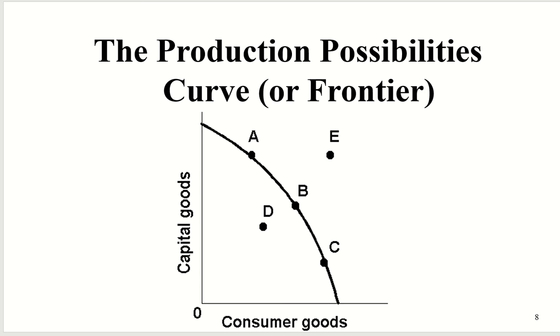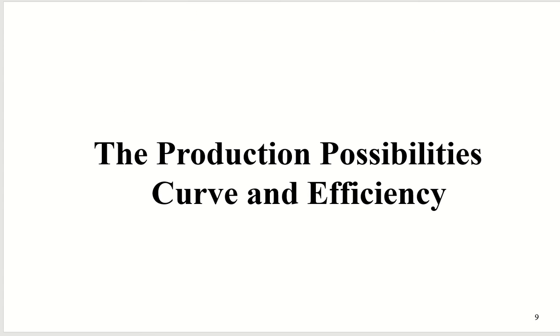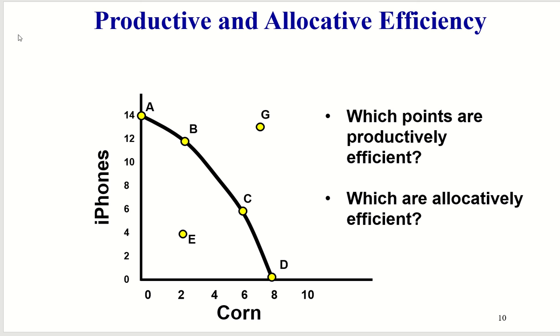All right, production possibilities frontier, efficiency. We'll look at the 2 different types of efficiency. The 2 types of efficiency are productively efficient and allocatively efficient. All of these points are productively efficient, right? They are all productively efficient, meaning we're producing appropriately. Which ones are allocatively efficient? Well, I don't know.